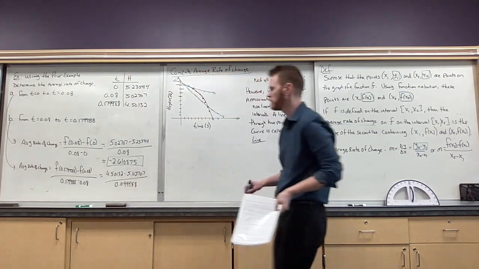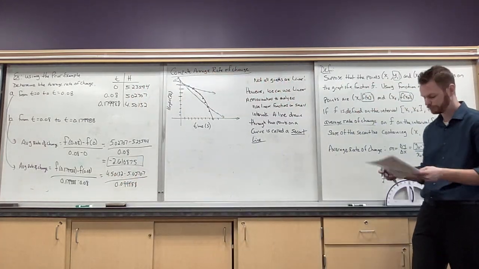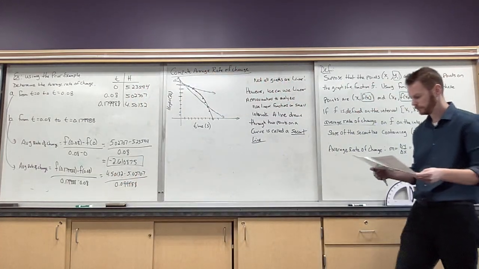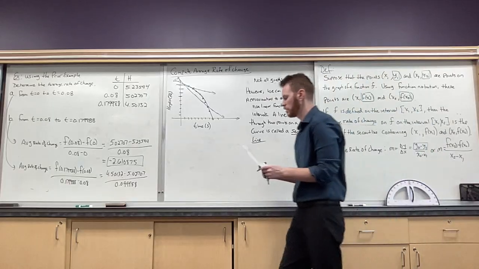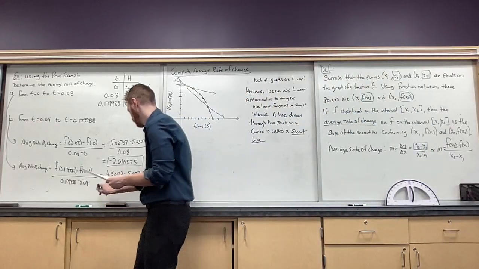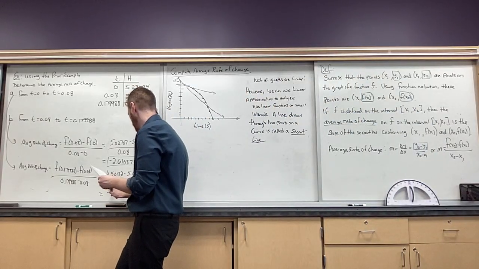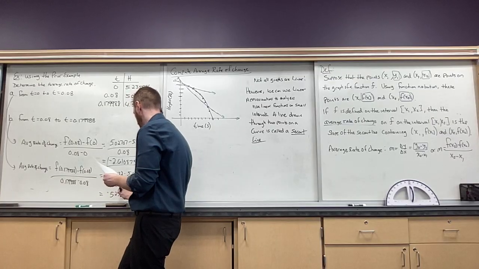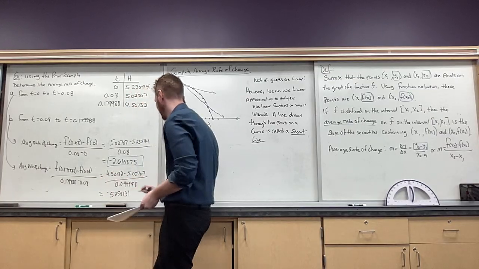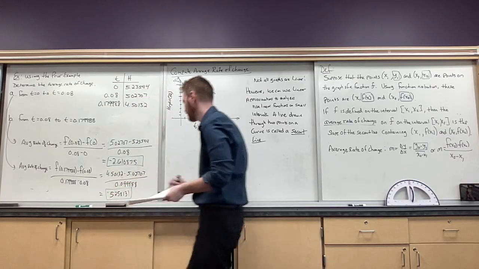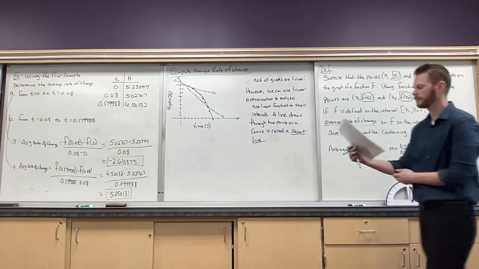Okay, so there's me just substituting those values. And to finish, that'll be negative 5.258131. And I'll highlight that as well.